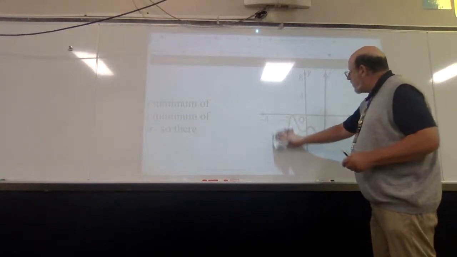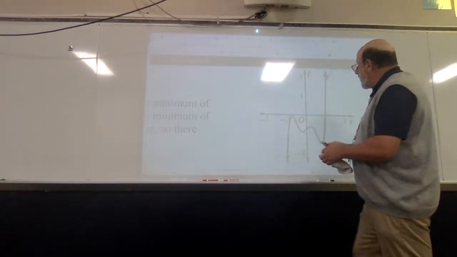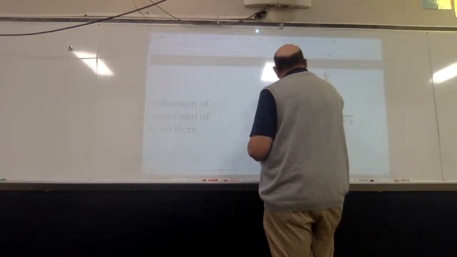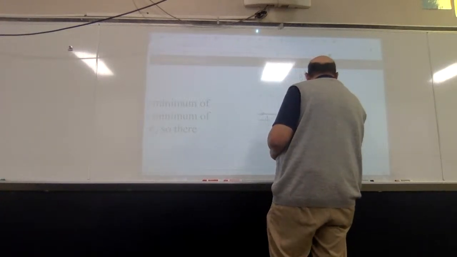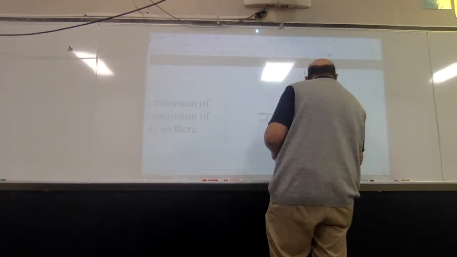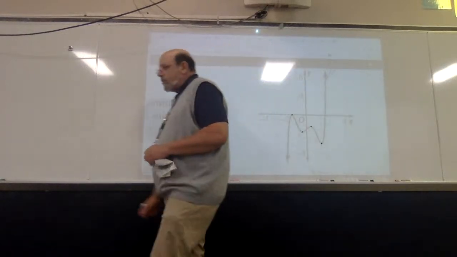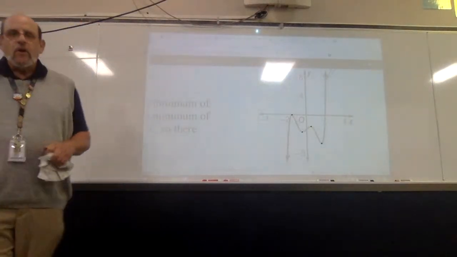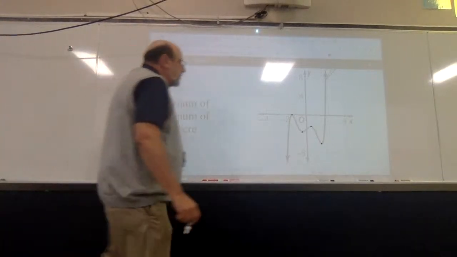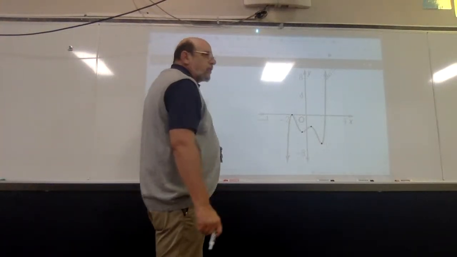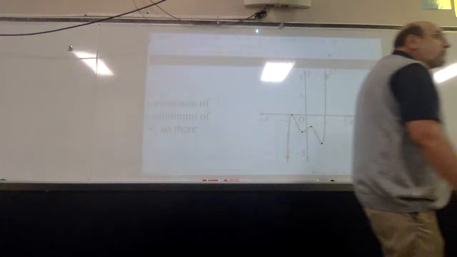So where it turns right here is a critical point or a critical number, all those turning points, right? Where it changes from going up to going down. Good? We also call these extrema.